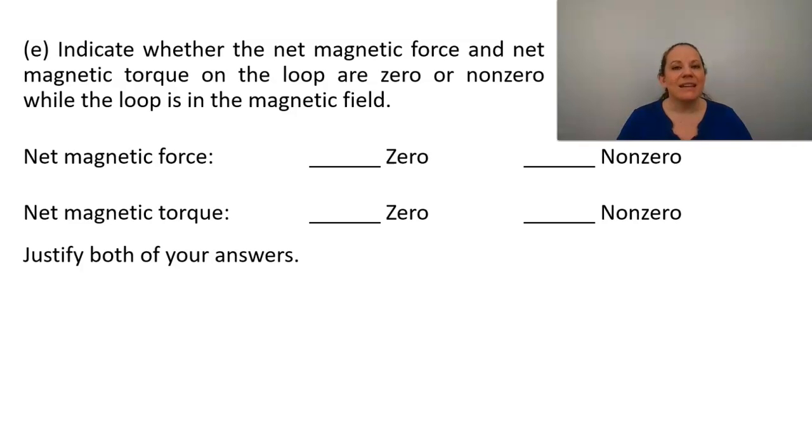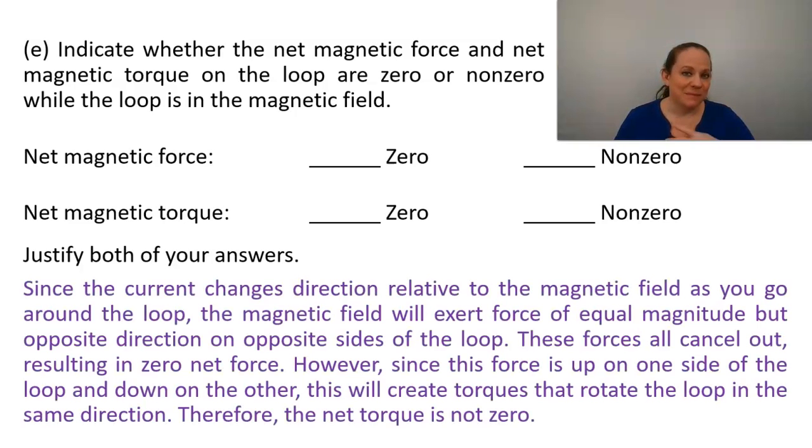Part E, indicate whether the net magnetic force and net magnetic torque on the loop are 0 or non-zero while the loop is in the magnetic field, and justify both of your answers. You know my approach, justify first, then make your selection. So, since the current changes direction relative to the magnetic field as you go around the loop, the magnetic field will exert force of equal magnitude but opposite direction on opposite sides of the loop.